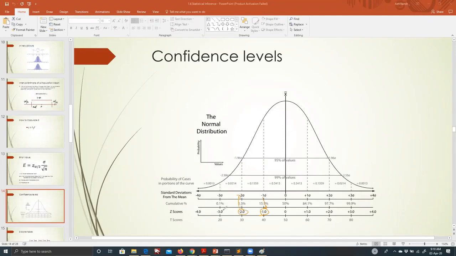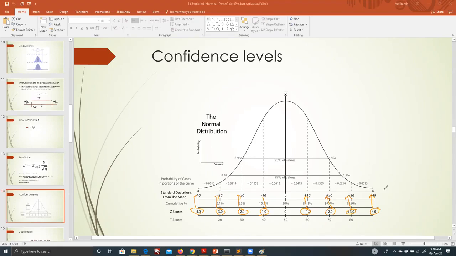It's like a coefficient value. So you get the idea what z-score is. Now these are standard values.